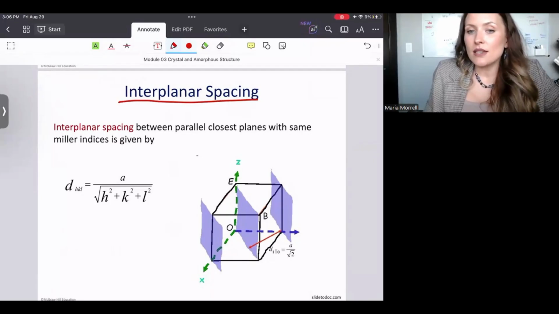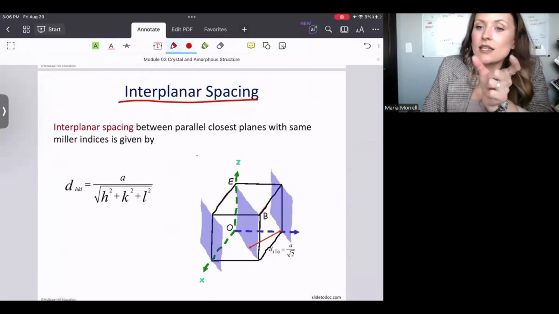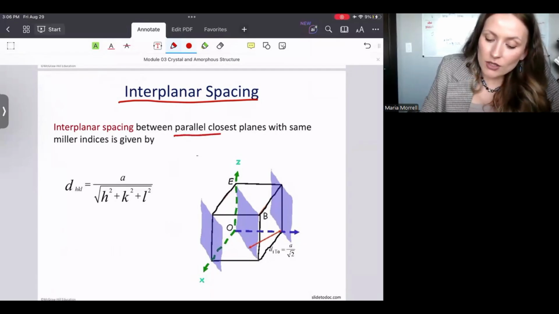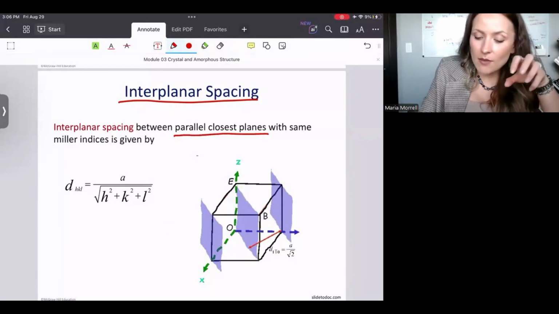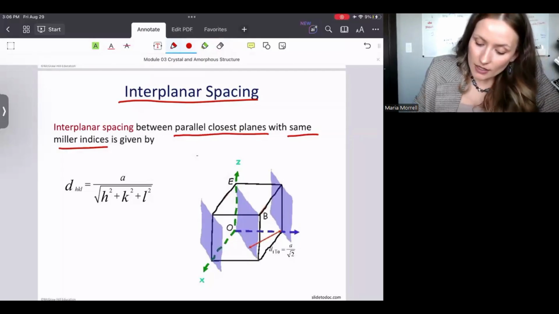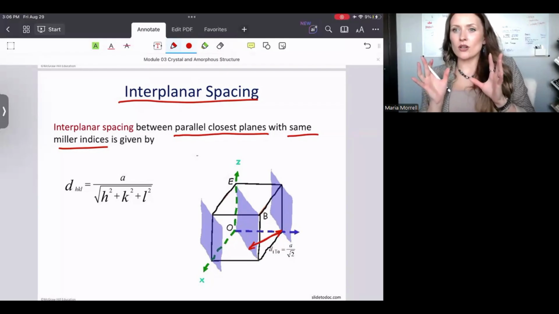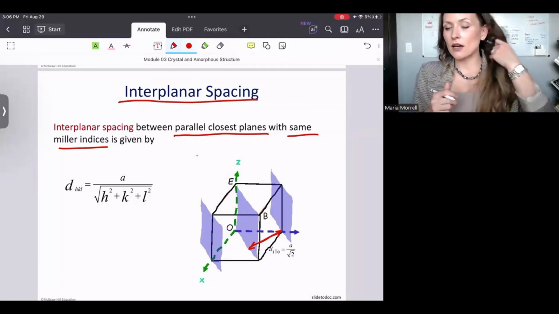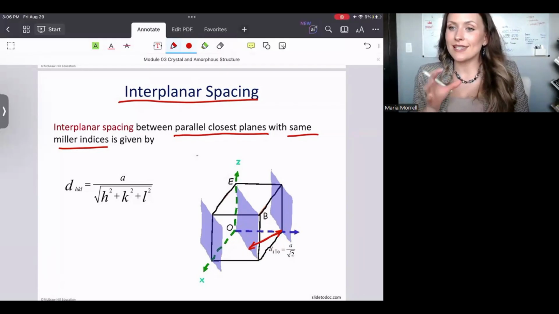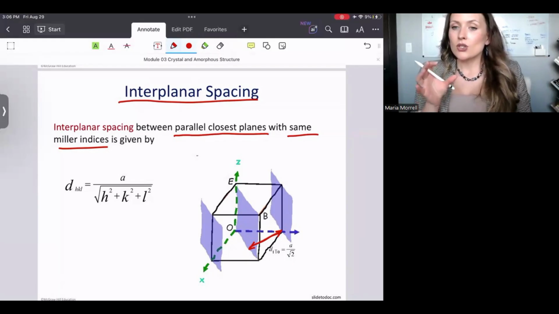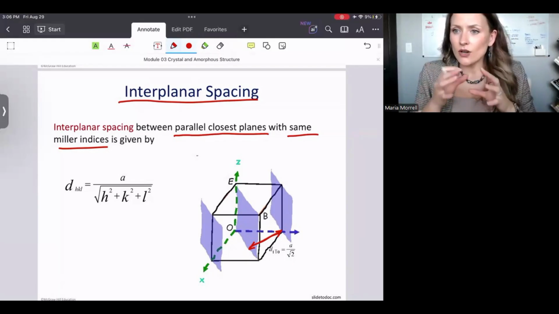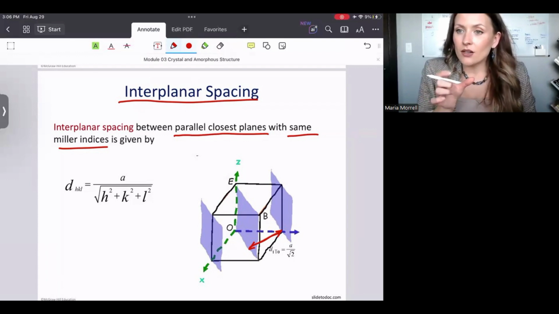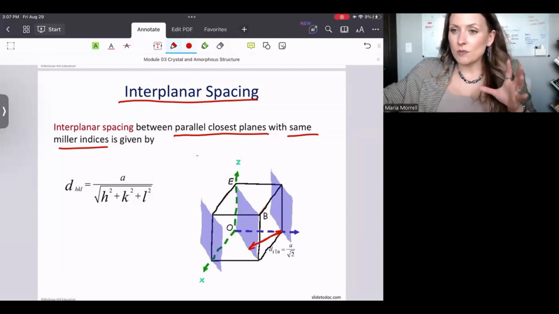What it means is that interplanar spacing is just the distance between parallel closest planes with the same Miller indices, right? And that's literally this distance right here. Because how would you understand that? Well, earlier we said that we use this unit cell, this simple cell, to characterize the material, but the unit cell composes a large space lattice.